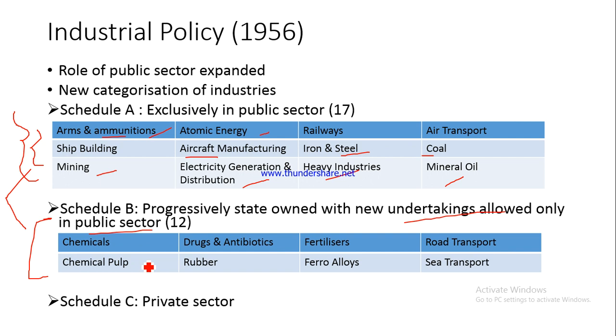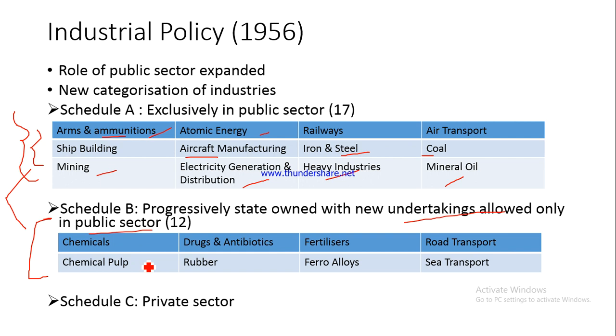Schedule C. So you can have a look here, you can understand here that most of the responsibility as far as basic industries were concerned, as far as infrastructure related industries were concerned, strategically important industries were concerned, was basically delegated to the public sector enterprises. And we know that there was a reason behind that.